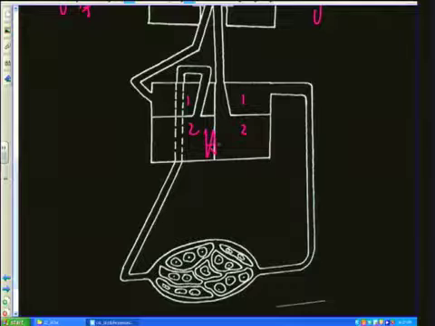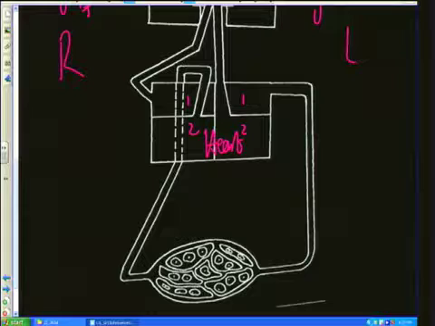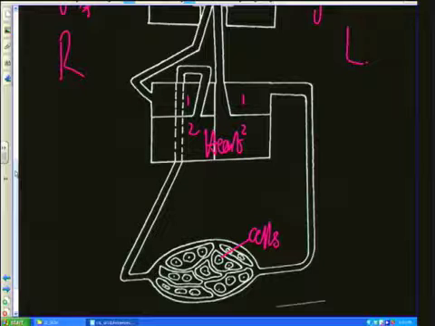This is going to be my heart. Okay, there's my heart. And please remember, right-hand side, left-hand side. Okay, so that you know. These over here, you can see, these are called, obviously, your cells. Okay, now, when it comes to our cells, as I said, we're going to learn it as part of your circulatory system.